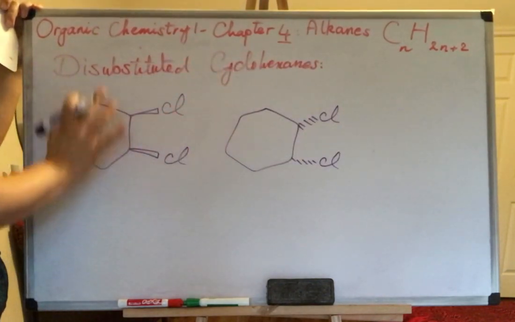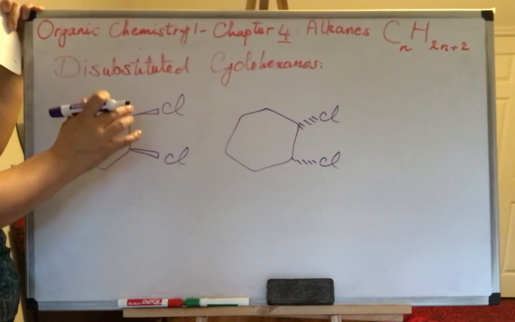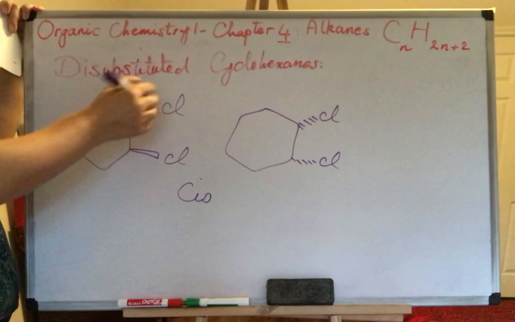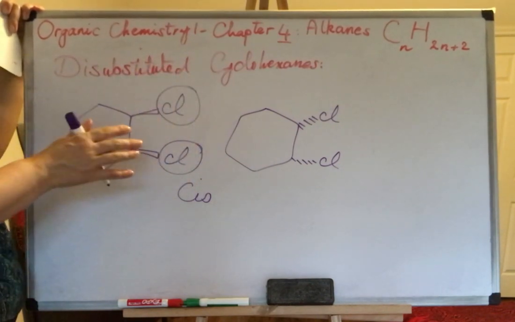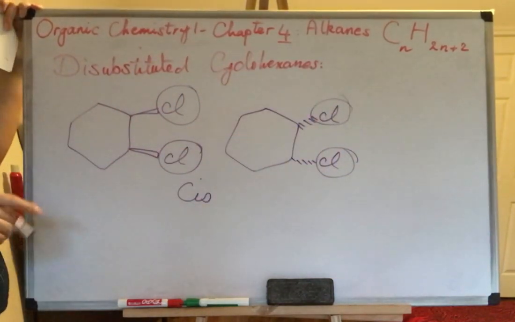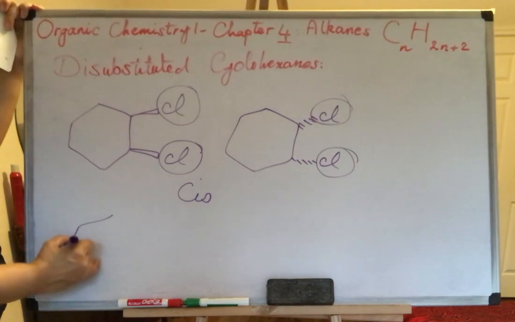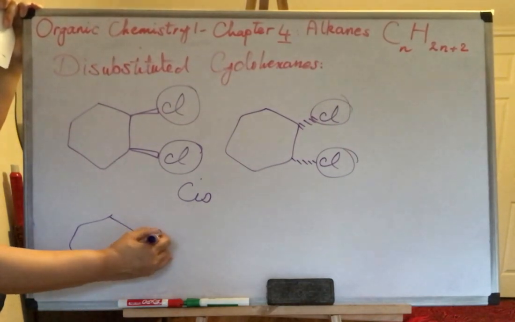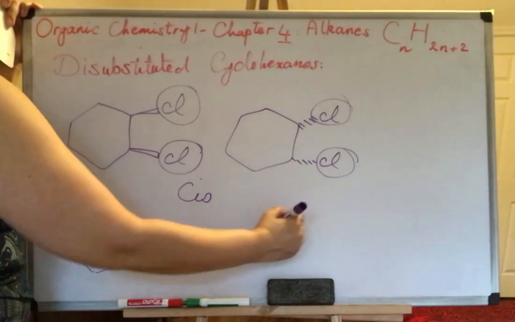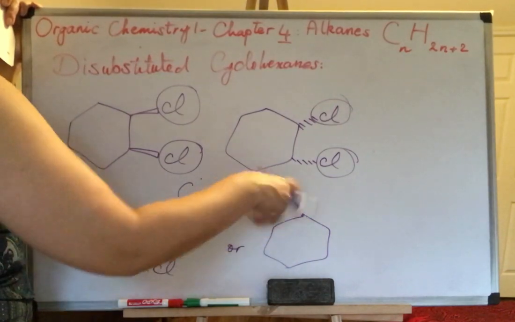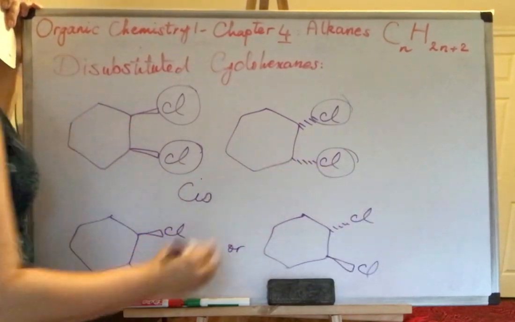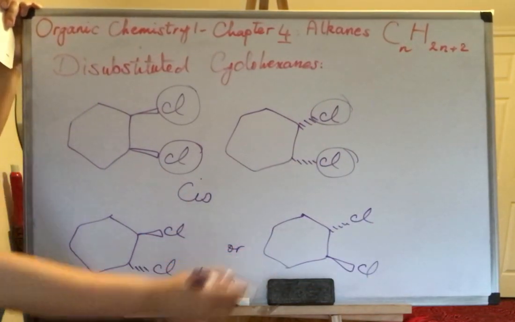That's what we just showed, a flat two-dimensional structure for cyclohexane. Both of them are called cis. When the two substituents are on one side, either towards you or away from you, we call them cis. But if they are on two opposite sides, or you can have the other one, as if you are flipping your molecule, one of them on wedge, one of them on dash, then you call it trans.